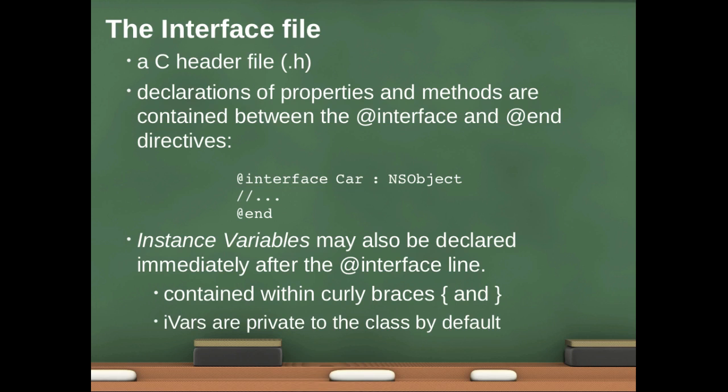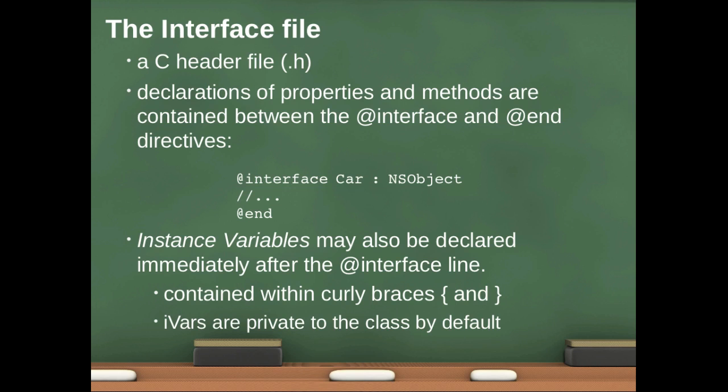It's kind of like a hash mark for the C preprocessor, which also runs here. But the @ flags an Objective-C preprocessor, if you will, that adds in this object-oriented code. So we have @interface and @end.